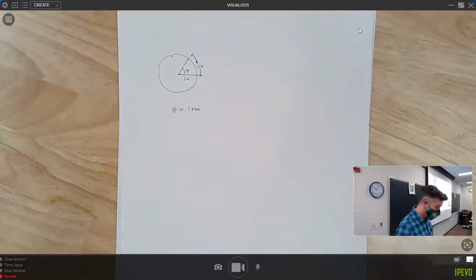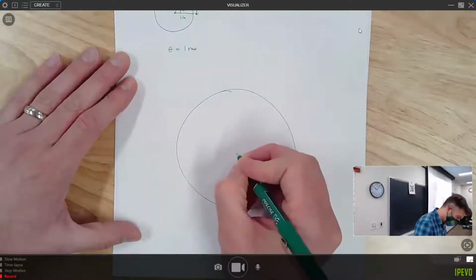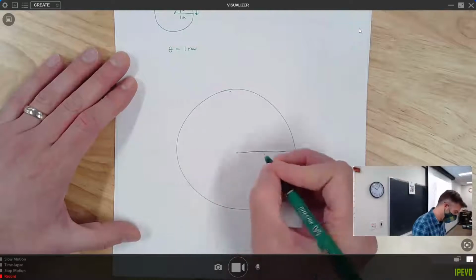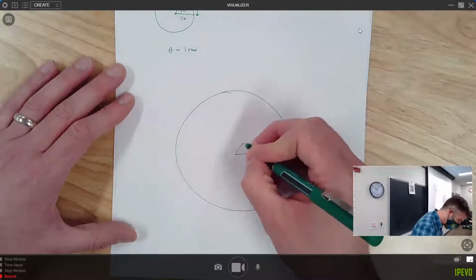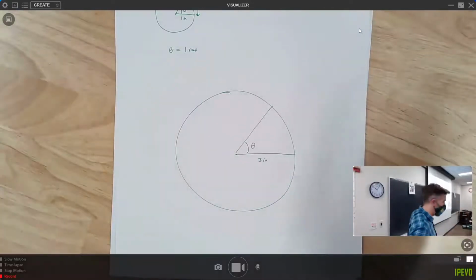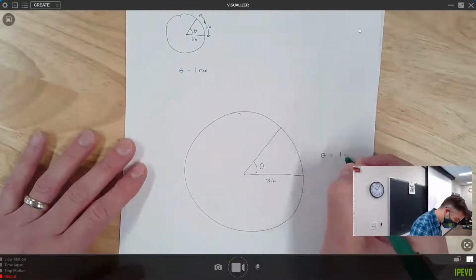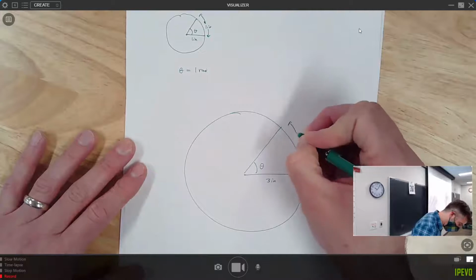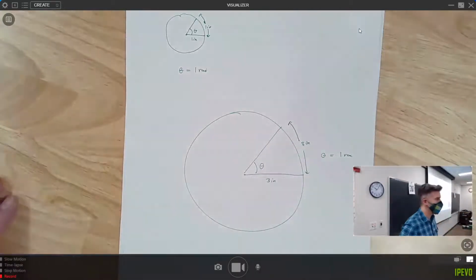But it would be the same if I drew a much bigger circle. Let's say that radius is 3 inches. And this angle, which is literally the same angle, or as well as I can draw it, is also 1 radian because this arc length is 1 radius long.